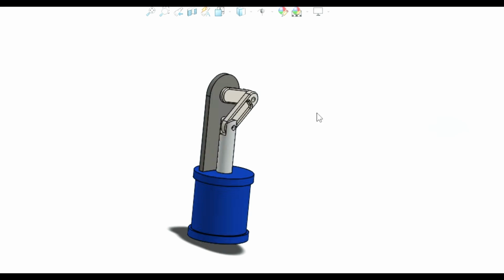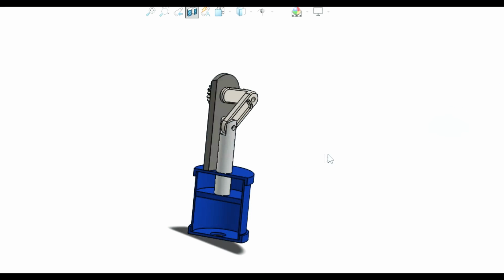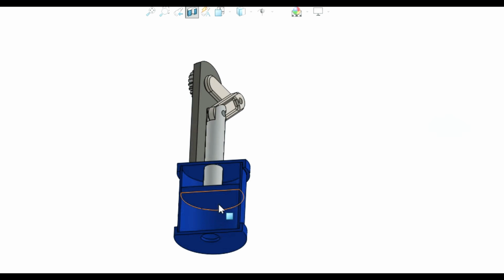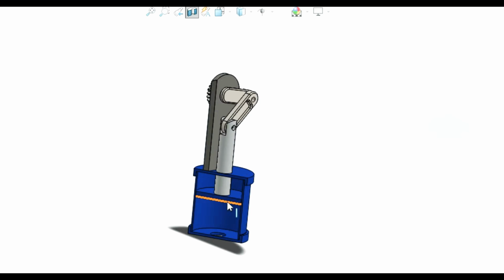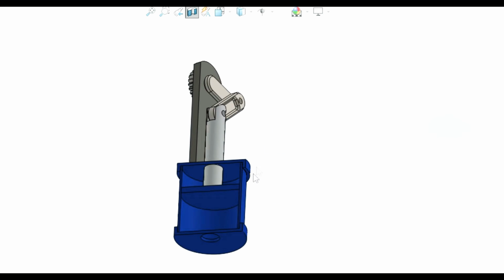In this cylindrical part we place the airbag. The airbag is a bag which can be filled with air, and it has an opening. This bag is connected to the piston surface.